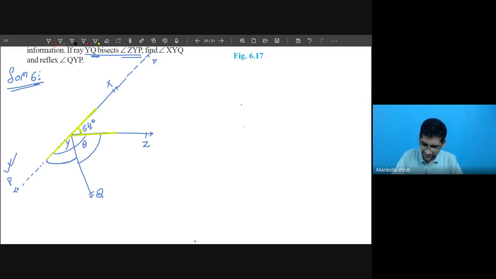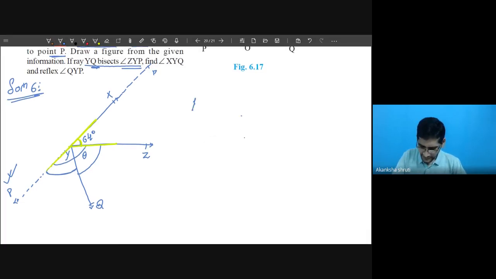Now, so here let us solve. So here, what is given? PYX is a straight line.